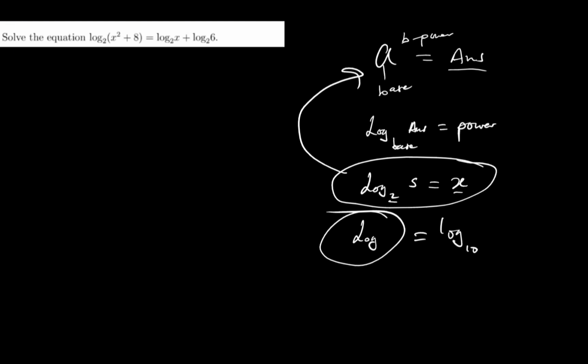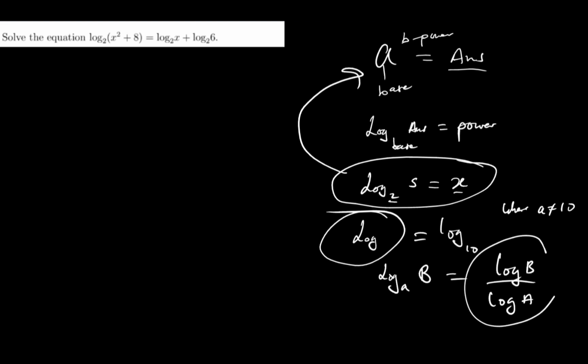So, if you have any log other than in base 10, let's say you have log base a of b, to convert this to base 10, you have log b over log a. And this has now been converted to base 10. So these are the approaches we're using.